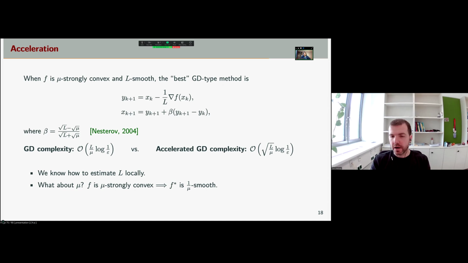So we know that F star is 1 over mu smooth. So we can use the same approach that we used to estimate L locally to estimate this mu parameter in the dual space, because in the dual space our gradients become primal vectors and our iterates become dual vectors, like the opposite thing. So we can play with it.